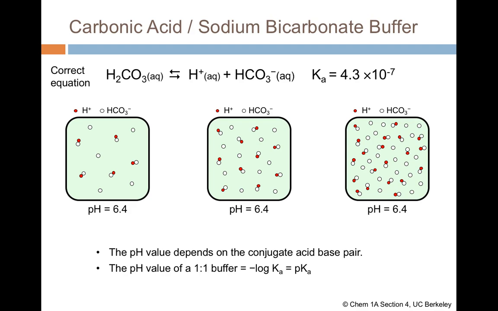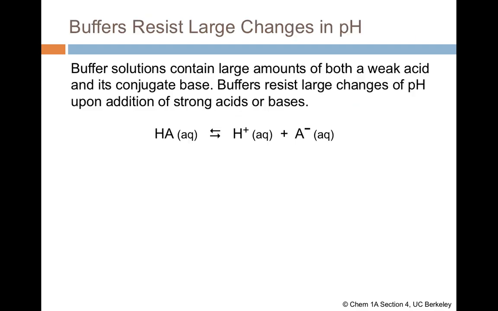Specifically, the pH value for this 1-to-1 equimolar buffer solution is equal to the negative log of Ka, or the pKa. So here we are exploiting that halfway to the equivalence point moment from our titration lecture to make these 1-to-1 buffer solutions where the pH sticks at the pKa value.